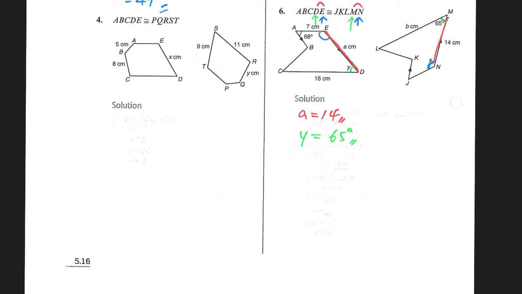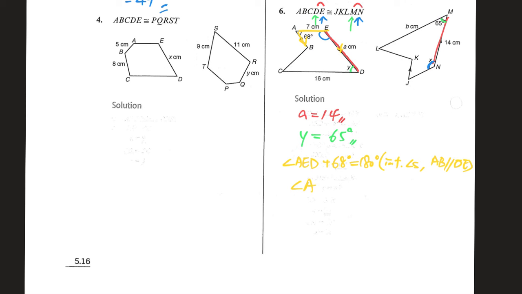The last thing is, how can we find the blue one, x? Now, back to the first figure, I forgot to make use of the parallel lines in the question. You will see that angle AED, we have to write it very precisely, plus 68 degrees will be 180, because of the parallel lines giving you interior angles, AB parallel to DE.